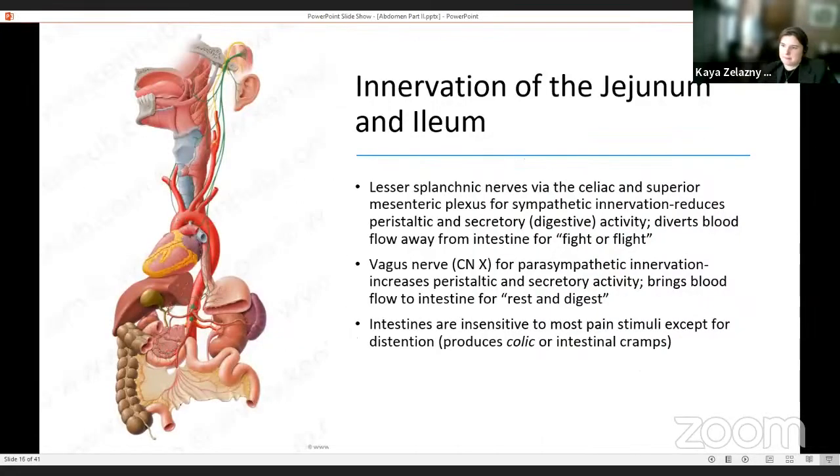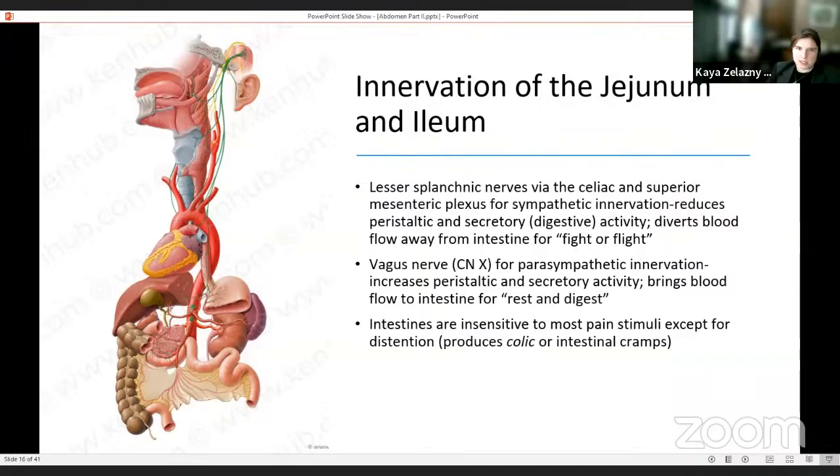All right. In terms of innervation, we're again going to have for our sympathetic innervation some splanchnic nerves. So we have the lesser splanchnic nerves coming through plexuses, so the celiac plexus and the superior mesenteric plexus. Your sympathetic nervous system is that fight or flight activity.